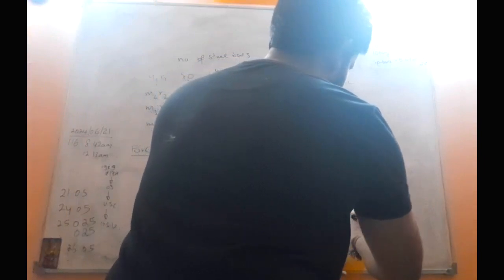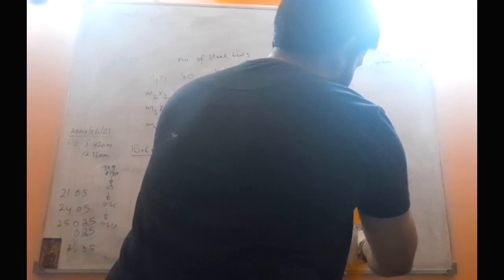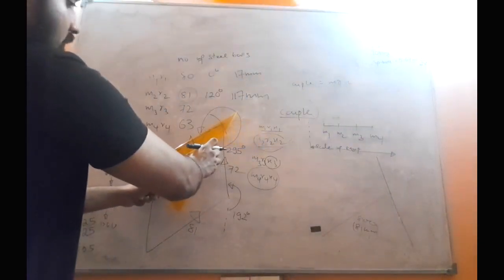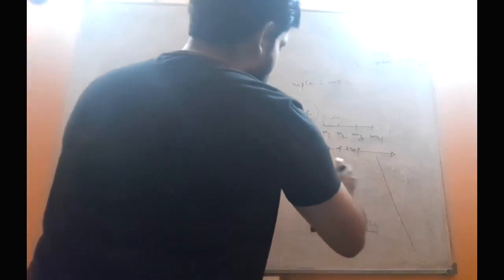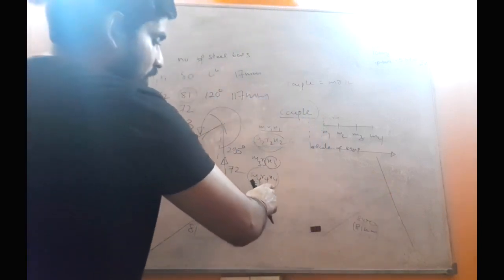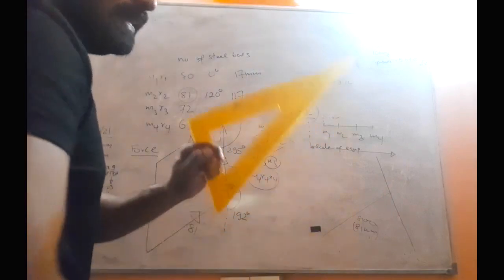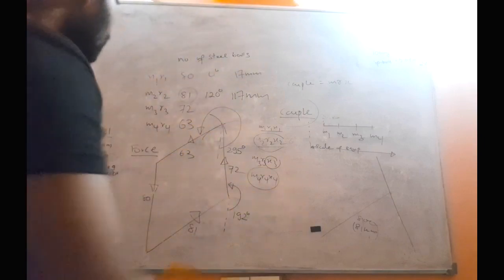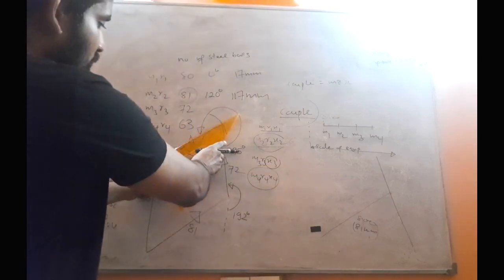Now we got it. So the only possible way is to sketch the vector for M4 R4 X4 in such a way that it must be parallel to this vector. So trace it.